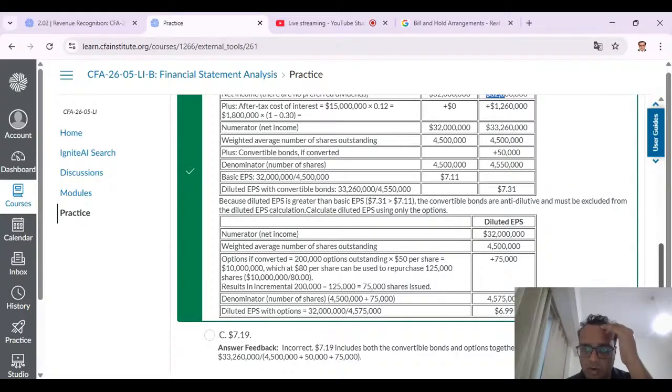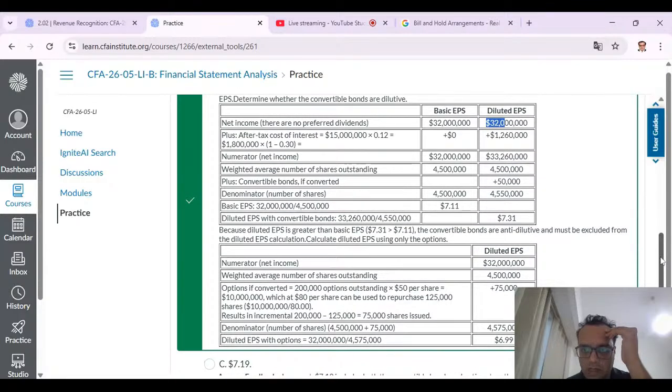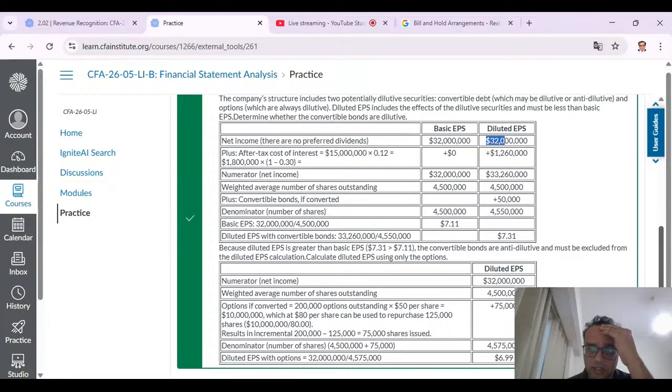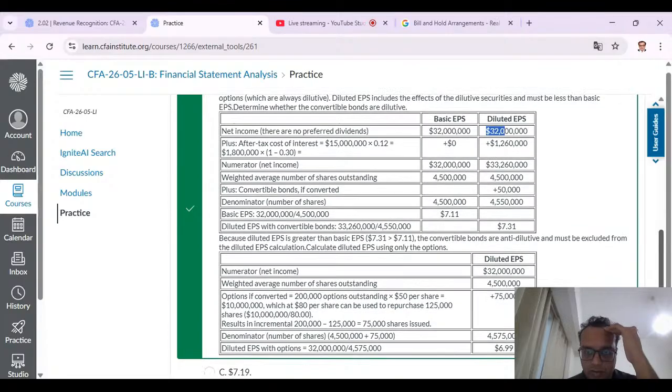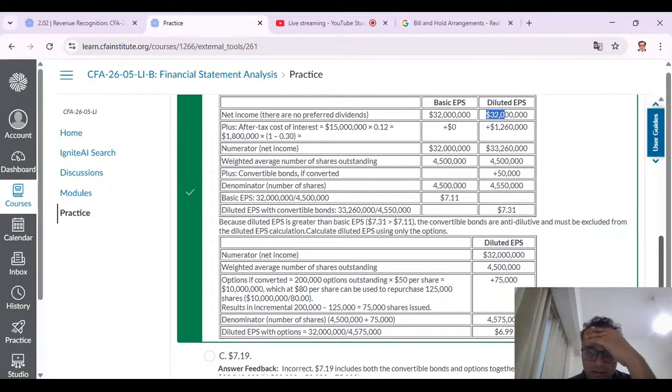Because the convertible bonds are anti-dilutive, they must be excluded from the diluted EPS calculation, using only the options. We have done this if the conversion does not take place.